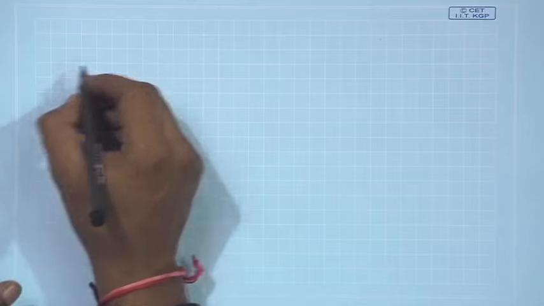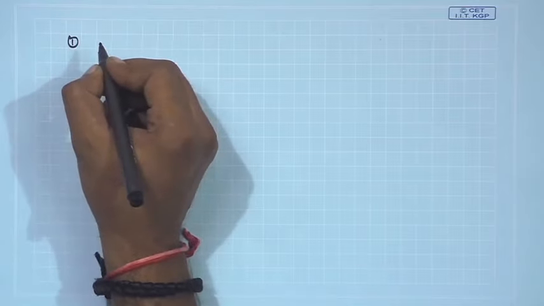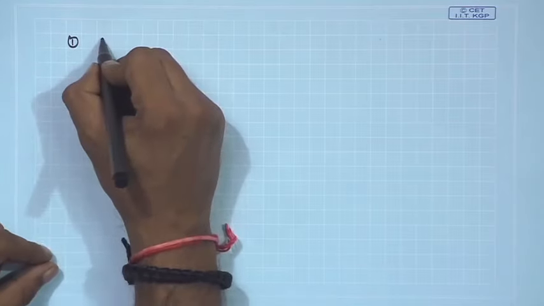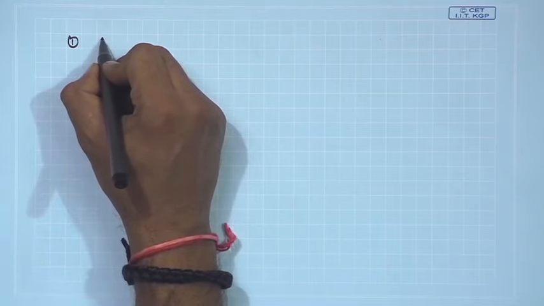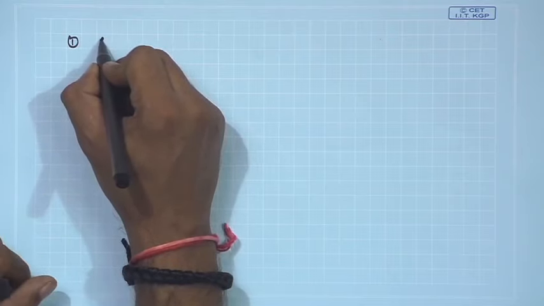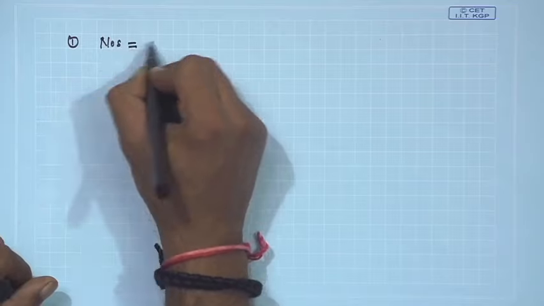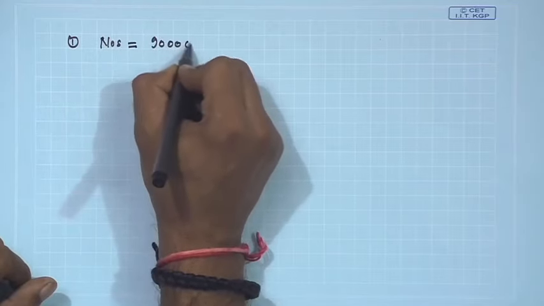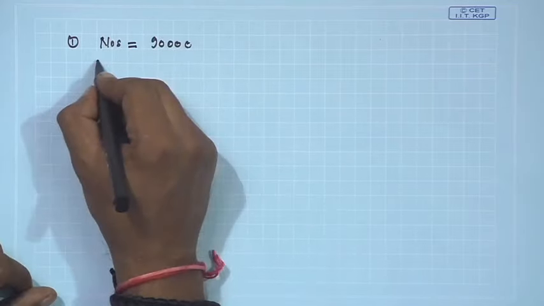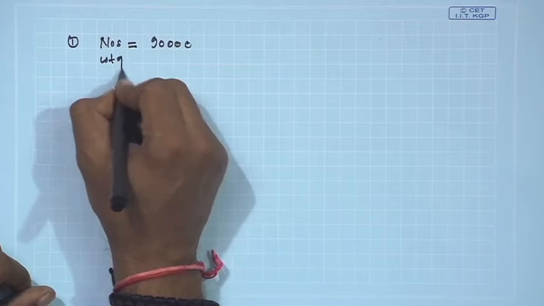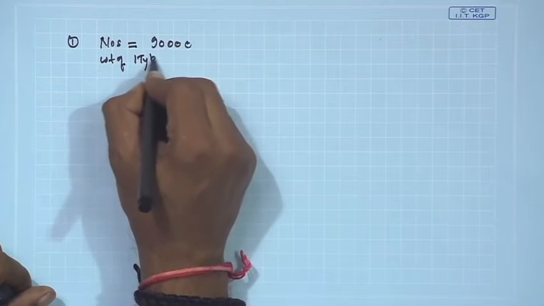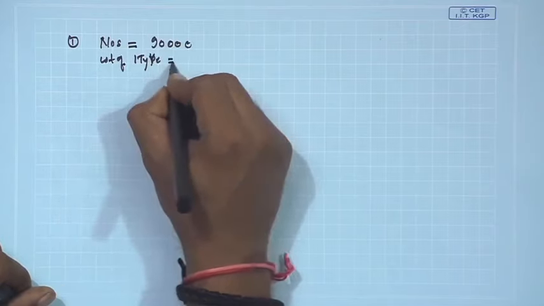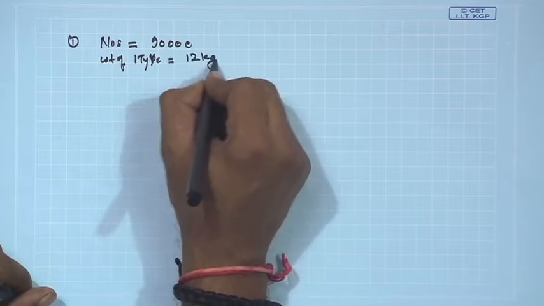So, let us solve the question. The number of tires given in the question is 90,000, and the weight of one tire is 12 kg.